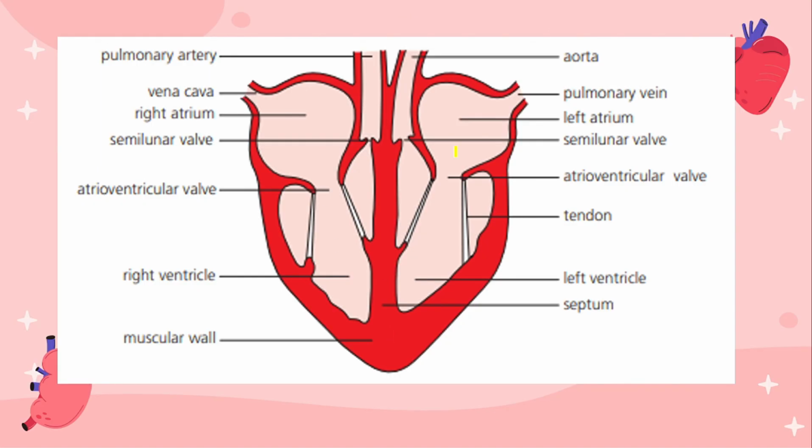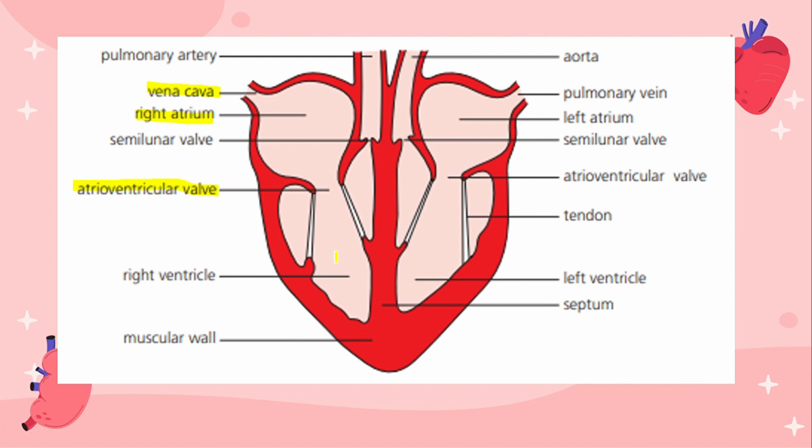Now, talking about the heart structure and what we need to know: the vena cava gets the blood from the body into the heart, and it goes right into the right atrium. Now, after the right atrium, it is held in place by the atrioventricular valves, where it closes, and then it would open.